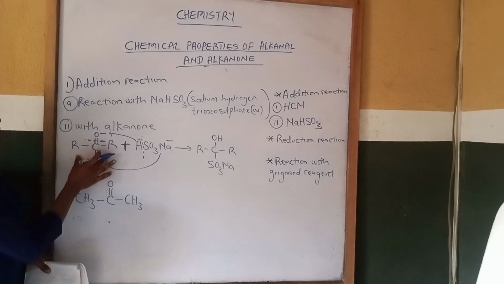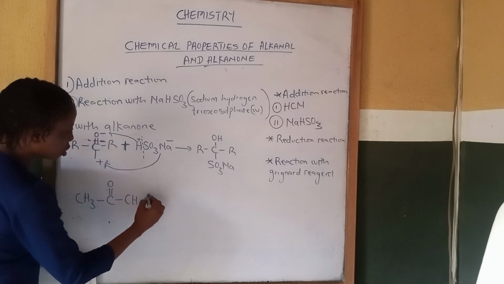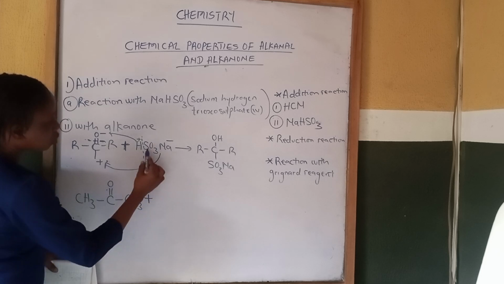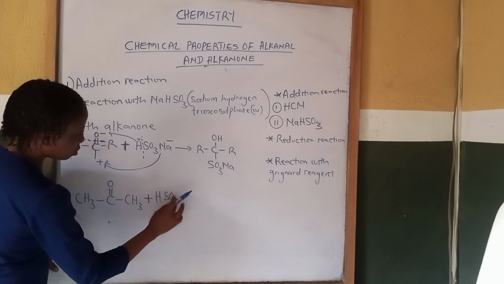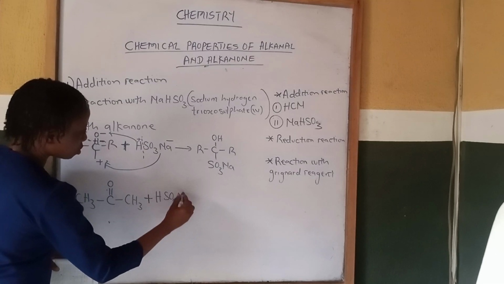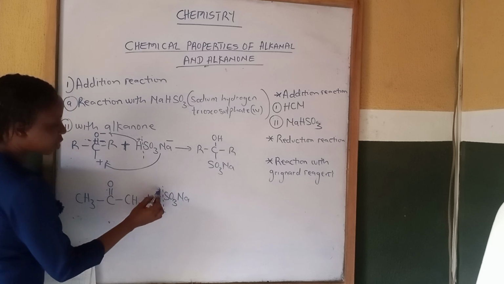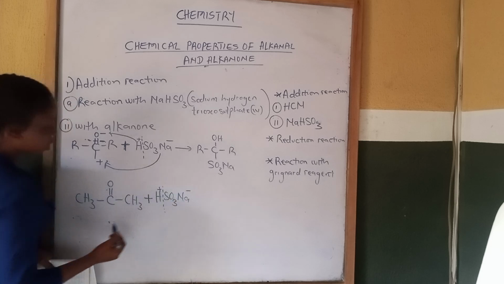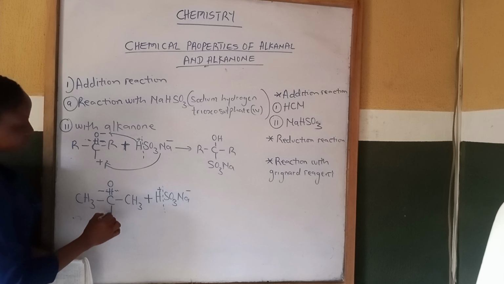So this is our reactant side. Then reacting with sodium hydrogen trioxosulfate(IV). This will be broken down to positive hydrogen and sodium sulfonate negative. Then the double bond here will break, so one of the chemical bonds will come down.